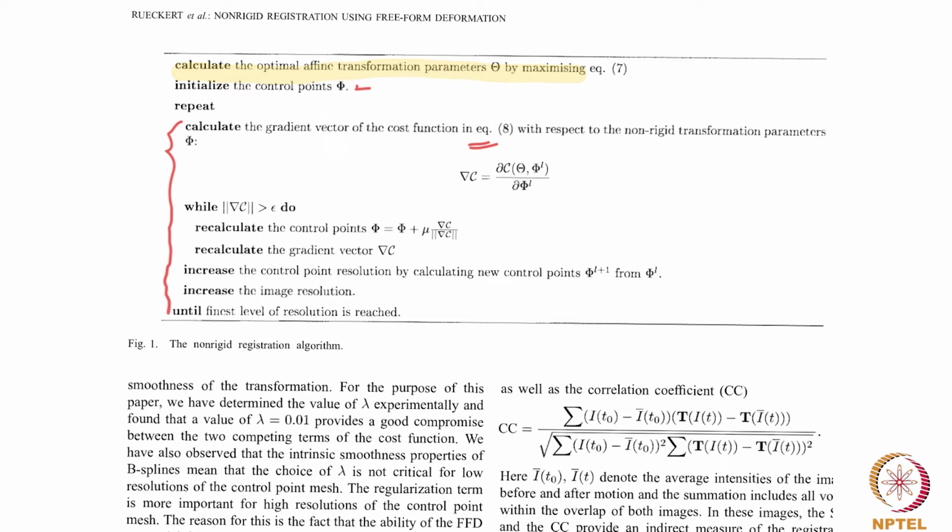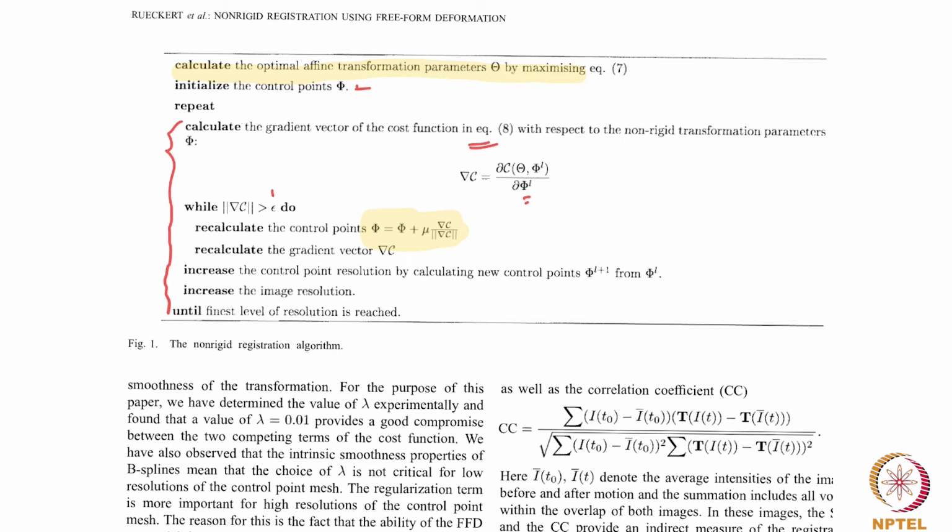Once you calculate that loss function, you calculate the gradient of the loss function with respect to the non-rigid transformation parameters, which are nothing but the deformations that you estimate at the control points of the mesh. There is a threshold on the norm of the gradient of C. As long as it's greater than this threshold, that is, it doesn't go below a certain value, you do gradient descent. Basically, this is gradient descent.